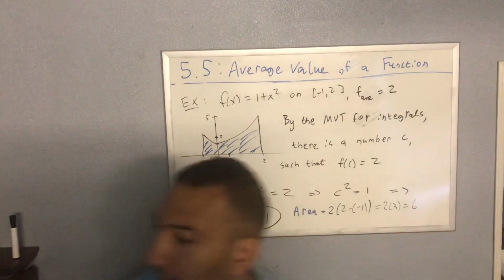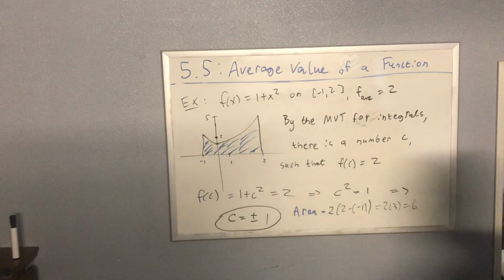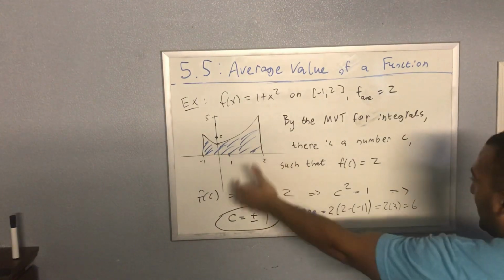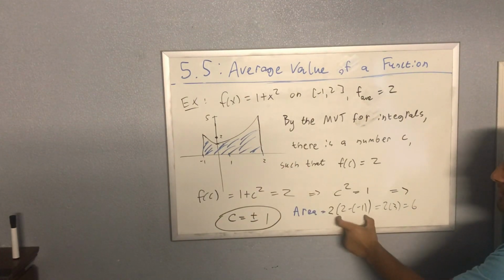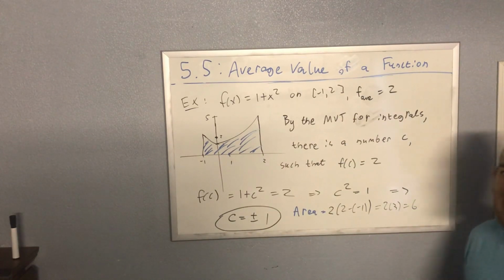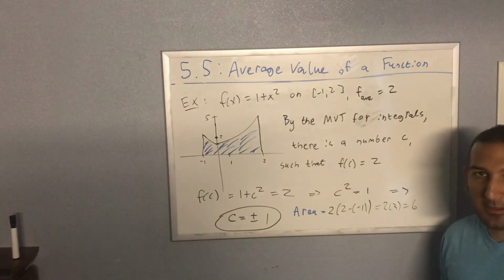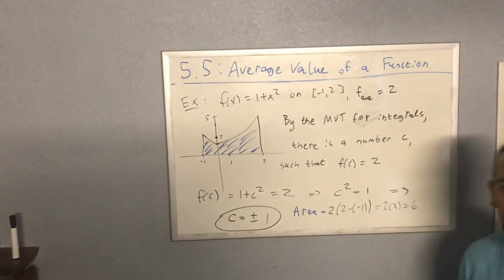I'll confirm that for you guys real quick without having to do a lot of calculation. Yeah, it is 6. So the perfect area under the curve, you just multiply the average value times the length of the interval. So that's basically the two versions of the mean value theorem for integrals. And it has a lot of theoretical applications. But okay, I think that's enough for today, so I'll see you guys next time.